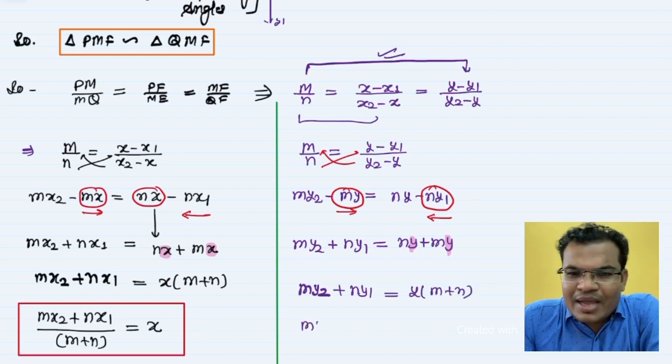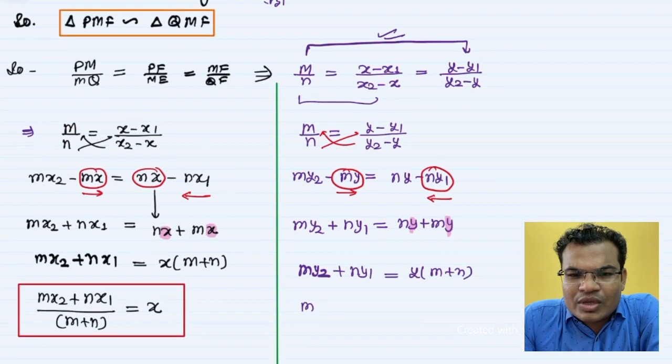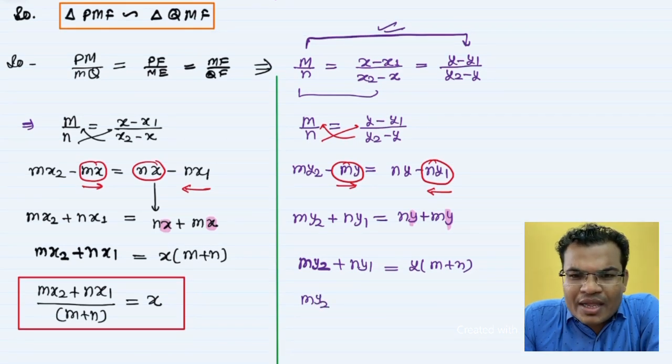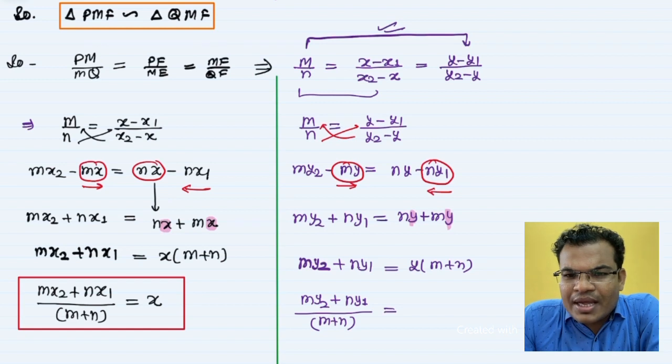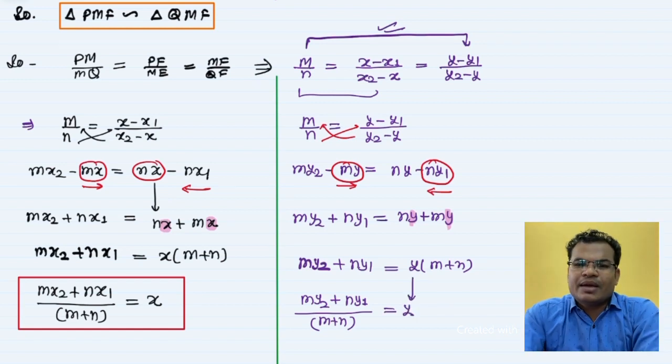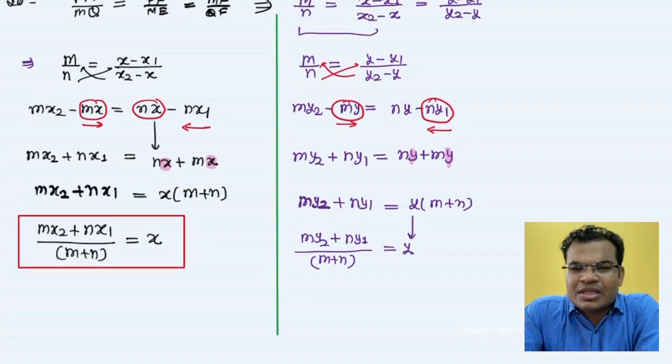Now this m plus n will come down in the denominator, so y equals my2 plus ny1 upon m plus n, and I'll put this in a box.